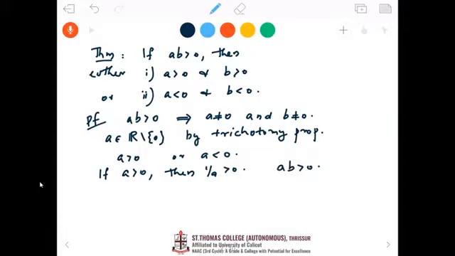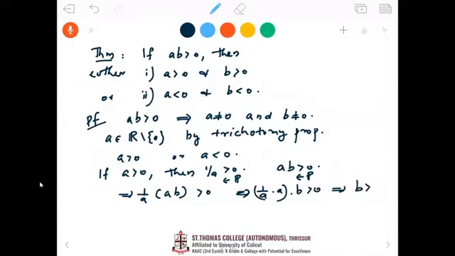So actually you have 1 by A is in P and AB is in P. Then by the definition of P, their product must be in P. So this implies 1 by A into AB is in P, means it is greater than 0. 1 by A into AB means you can apply the associative property. So we will get 1 by A into B greater than 0, that is B greater than 0. So if A is greater than 0, then B is greater than 0.